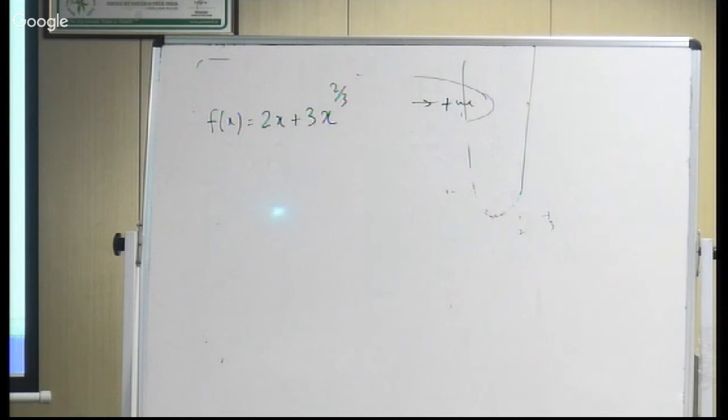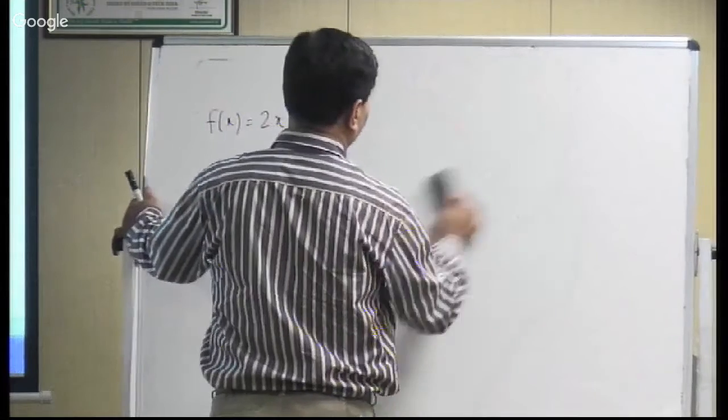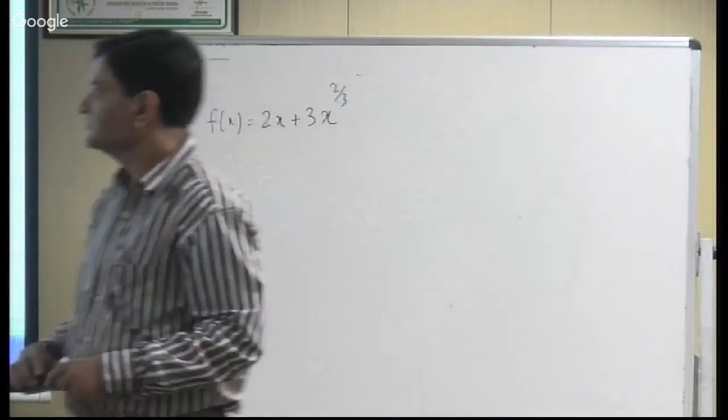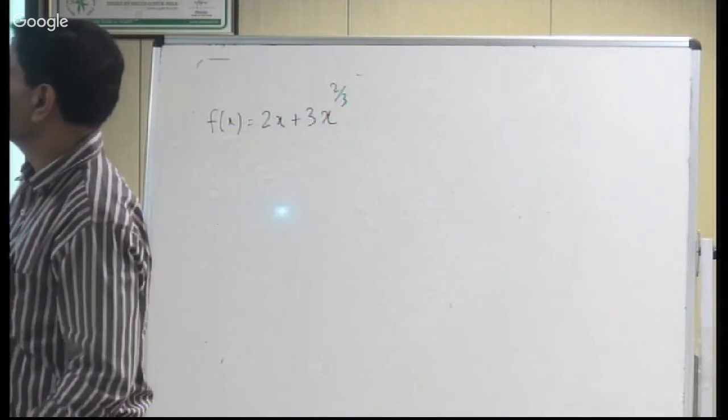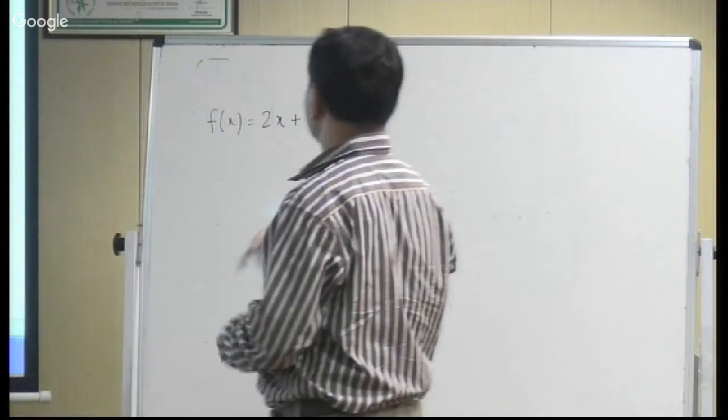The question is, sphere has center (2, 3, 5). Find the minimum distance point from (0, 0, 0). The equation of the sphere is... The center of the sphere is (2, 3, 5).